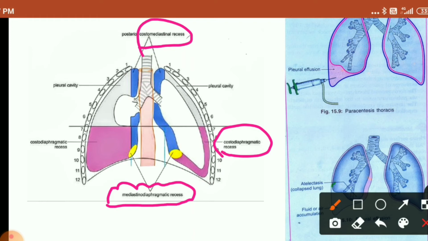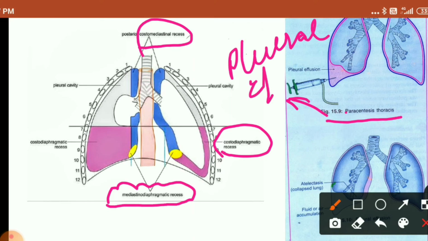Now you come to the clinical part, this is the case of pleural effusion. During pleural effusion, fluid is accumulated here in costodiaphragmatic recess, and the process through which the fluid is aspirated from this recess is known as paracentesis thoracis.